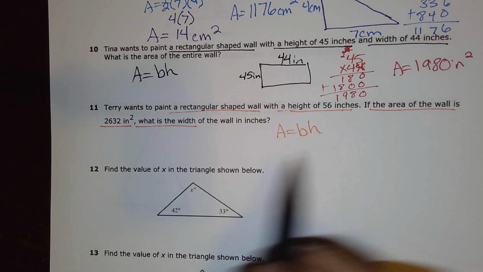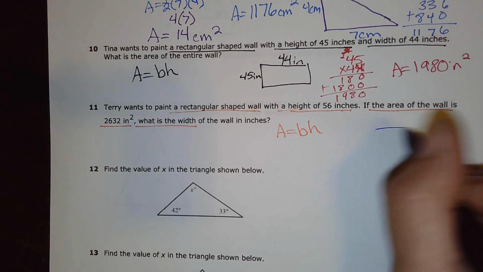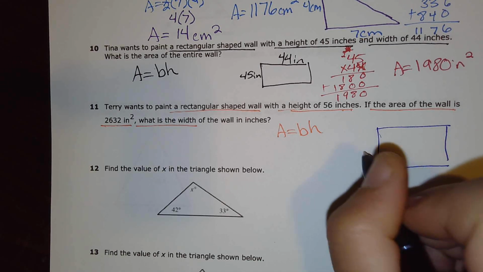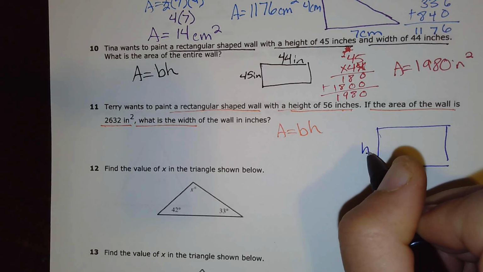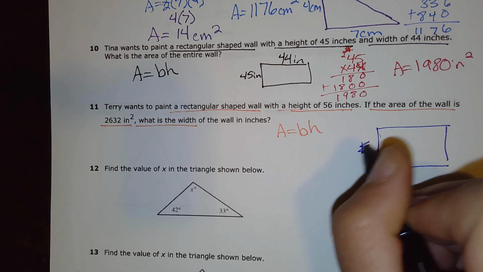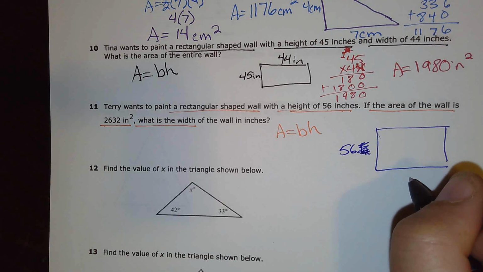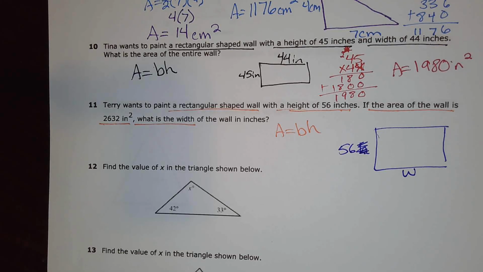We're going to plug in our values, okay? I like a picture, so sorry. We don't know what our base is, but our height is 56 inches. Sorry about that. We don't know what our width is, right? So that's fine. That's what we're looking for.